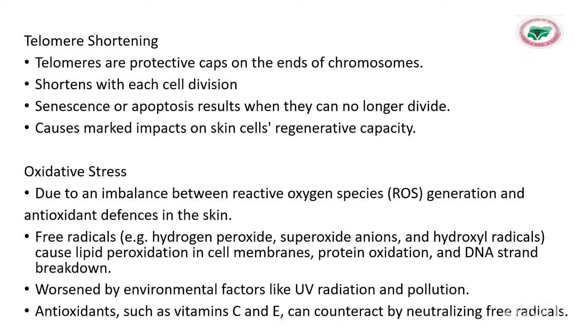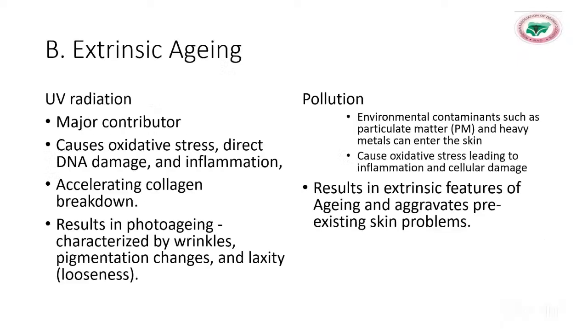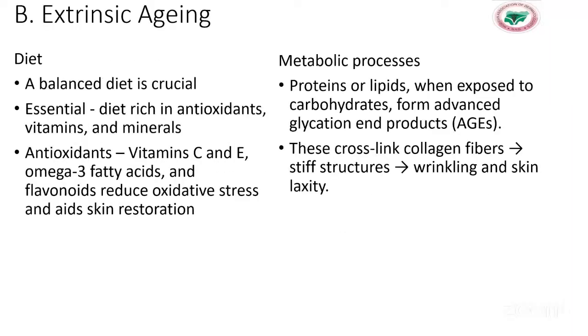10 minutes, okay. Telomere shortening and oxidative stress are also known as causes of intrinsic aging. Then extrinsic aging: we have UV radiation, pollution, dietary changes, and metabolic processes that also cause advanced glycation end products to be produced.